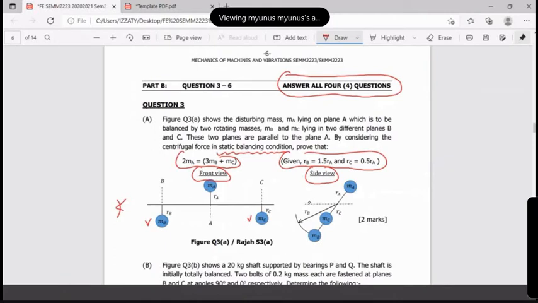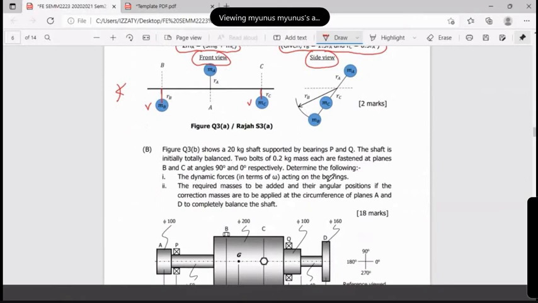And you know that RB and RC, this one also has triple time. So this one is RB, this one is RC. You can do this on your own. It's only 2 marks anyway.